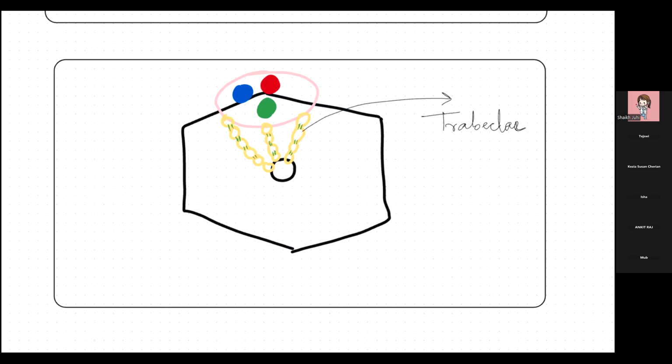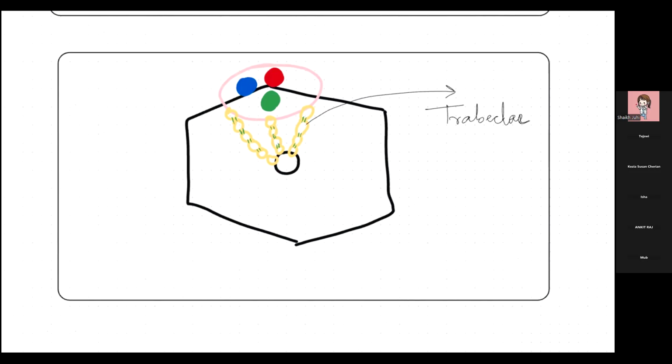Each hepatocyte will make bile. The cells will form bile, and this bile will be transferred in this manner, and all of these will combine and then form a common bile duct further.